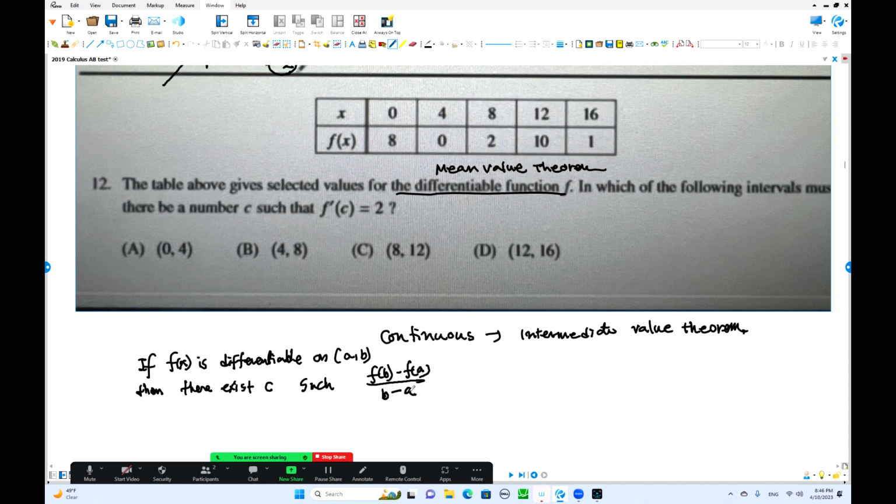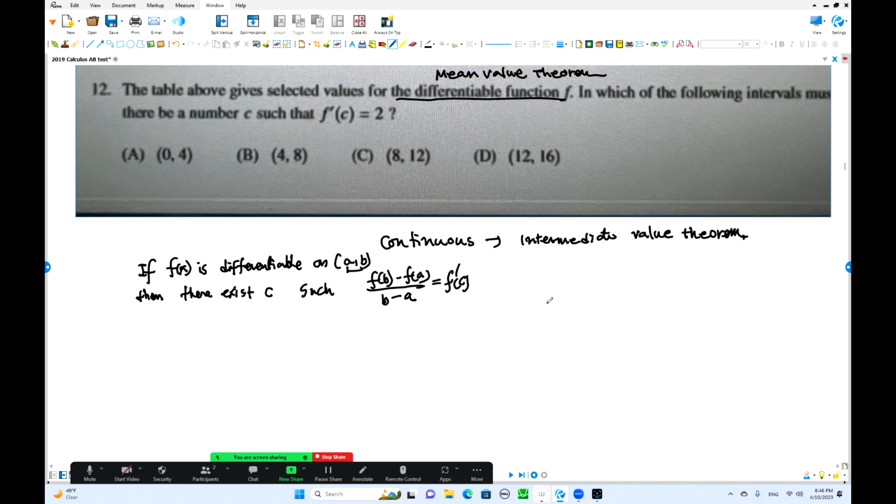That is the slope of the secant. There must be the same slope between these two endpoints. That is the mean value theorem.